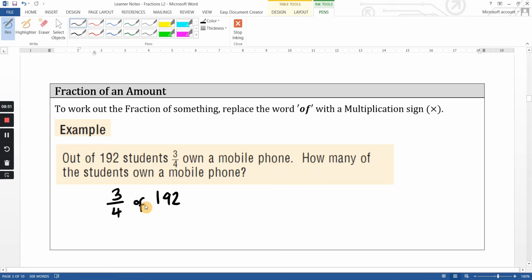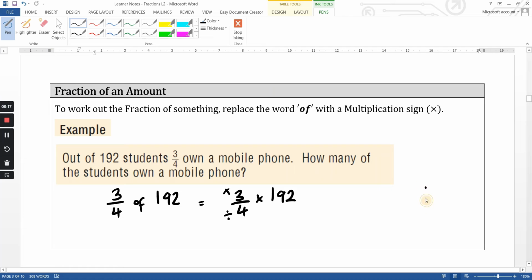We say "of" is multiply, so it's the same as 3/4 times 192. When you have anything like this, you always divide by the denominator, multiply by the numerator. Let's do the division first, because it makes our life a lot easier. We're left with smaller numbers.